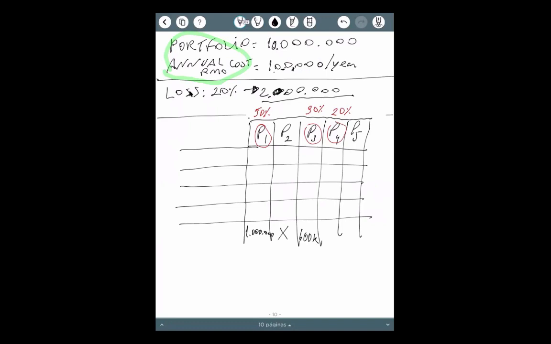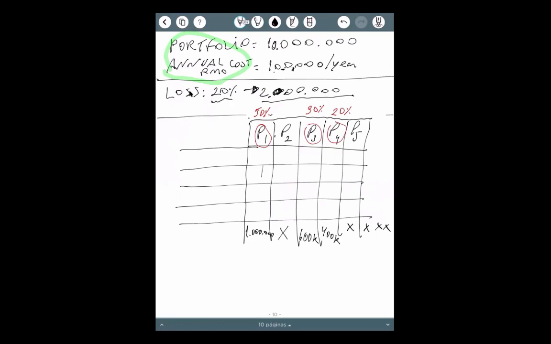And 20% means 400. And we don't have anything in the other columns. So P1 potentially causes a loss of 1 million. P3 potentially causes a loss of 600,000. And P4 potentially causes a loss of 400,000. Okay? Very easy, right? It's an estimate.